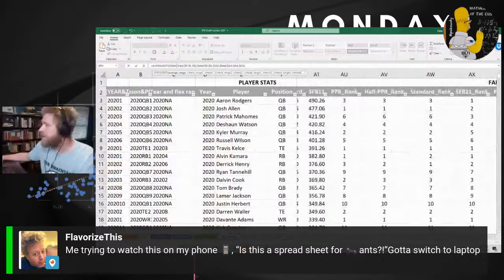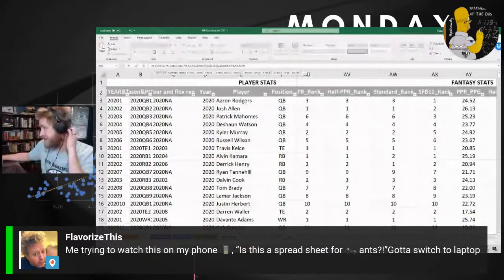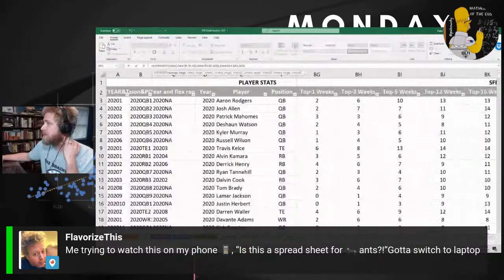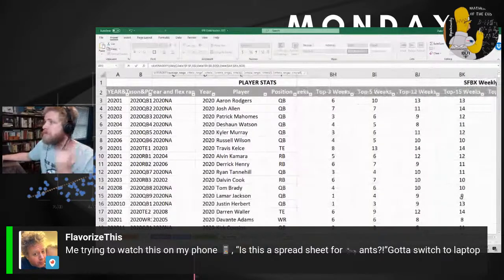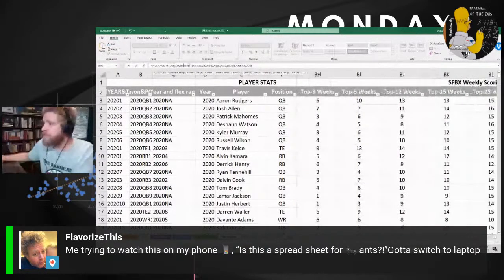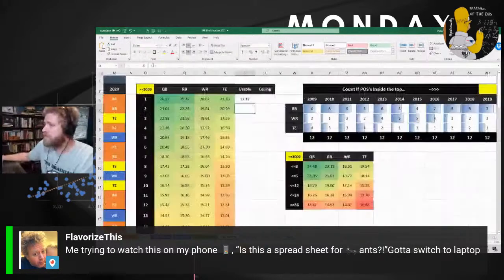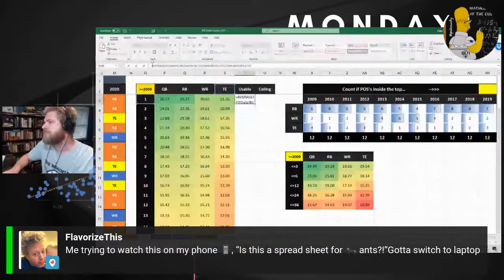Usable weeks for a quarterback would be, just call them top 12. How are we going to line that up?